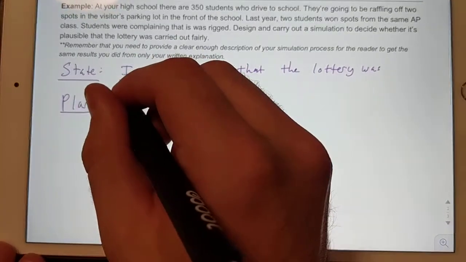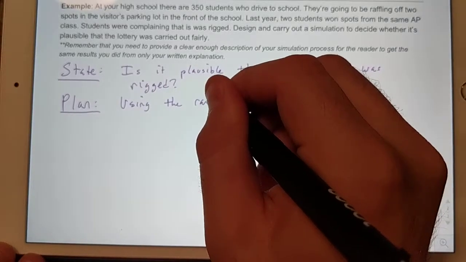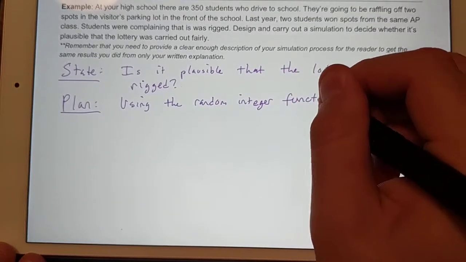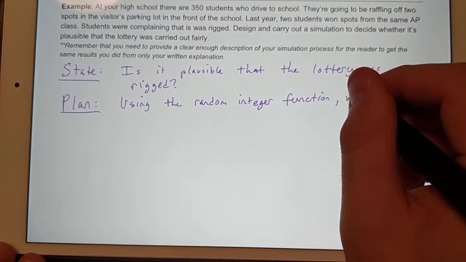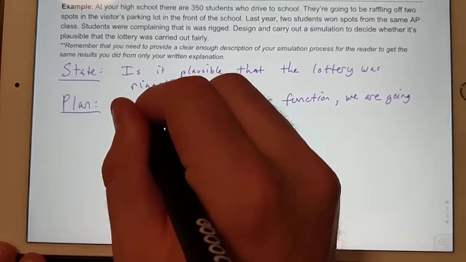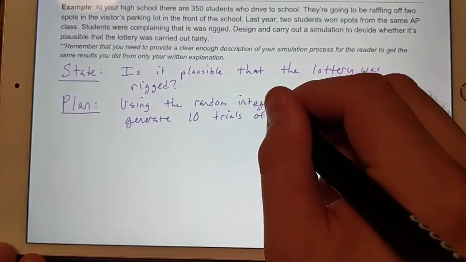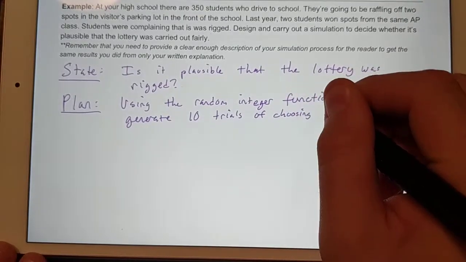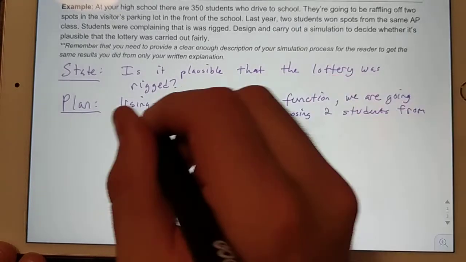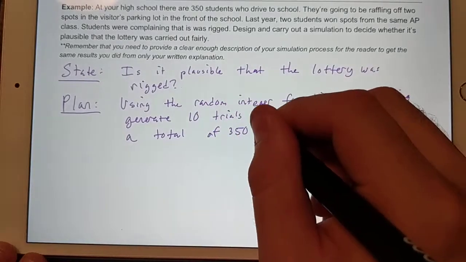So using the random integer function, we are going to generate 10 trials of choosing 2 students from a total of 350 students.